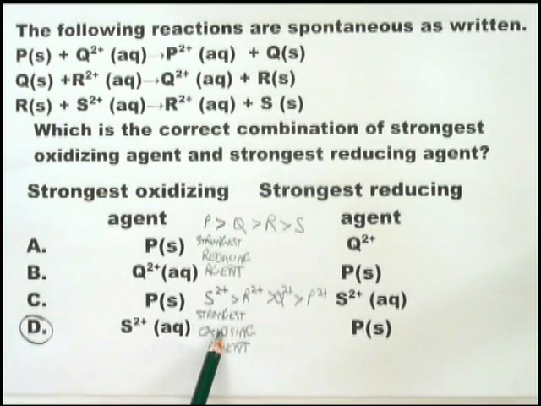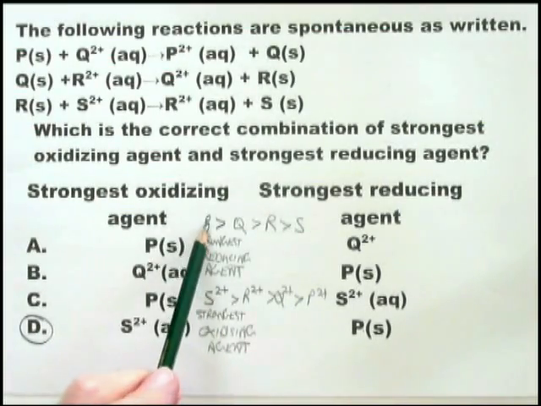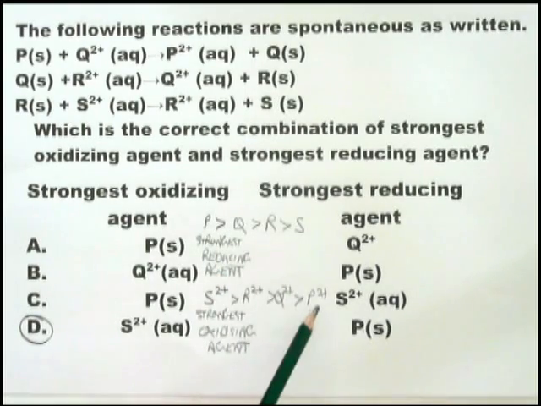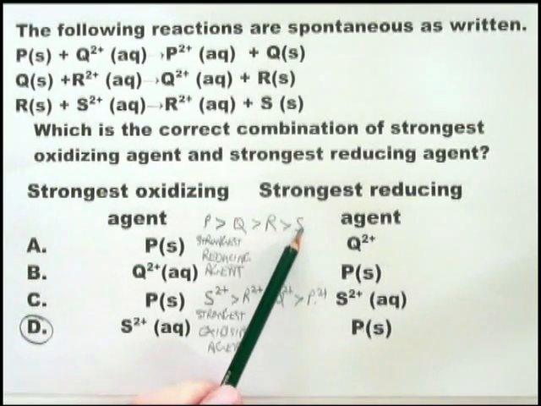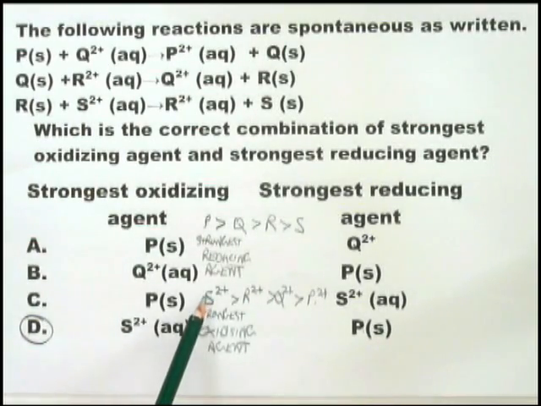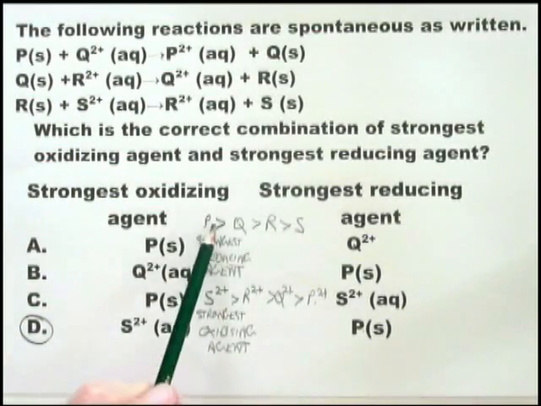And remember, the simple rule, which is useful sometimes, is that if P is the strongest reducing agent, its ion is the weakest oxidizing agent. And if S is the weakest reducing agent, then its ion is the strongest oxidizing agent. And that doesn't matter whether the elements are metals, as they are in this case, or a series of non-metals.